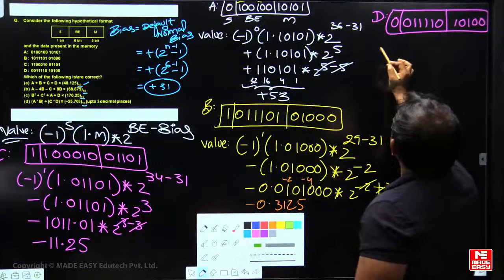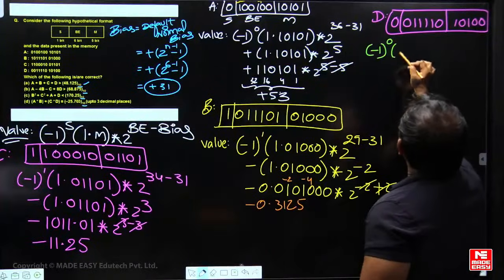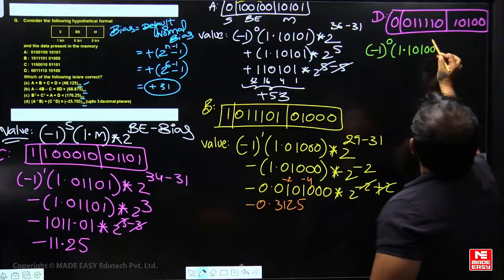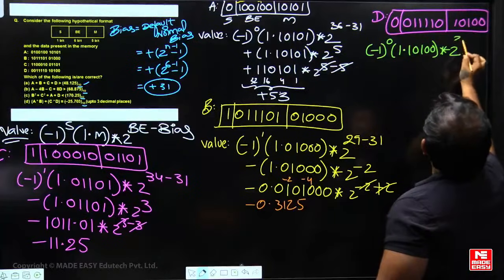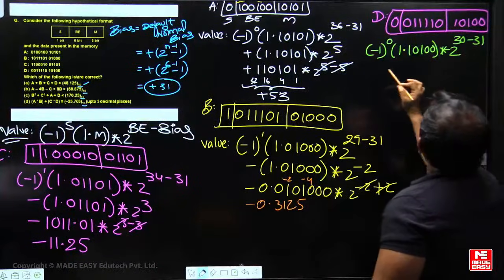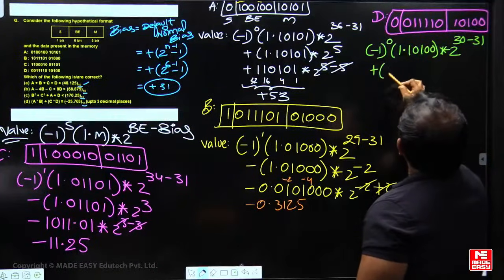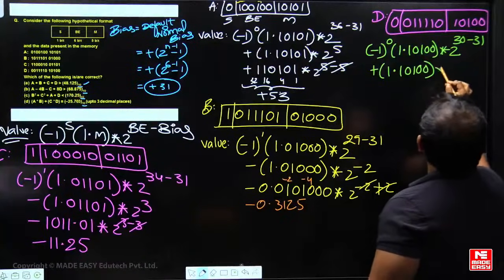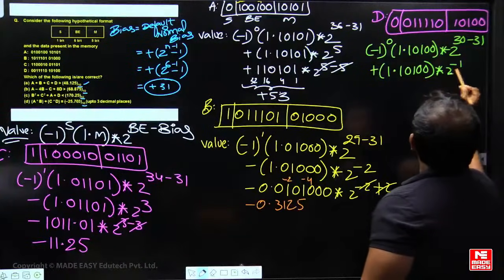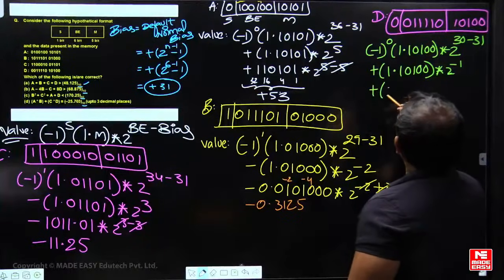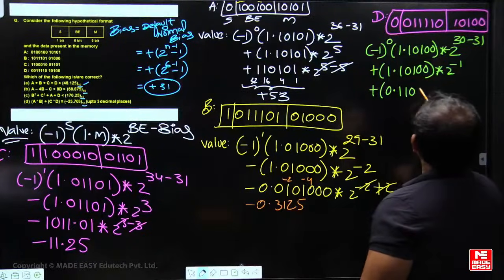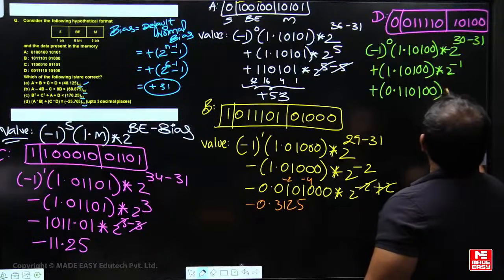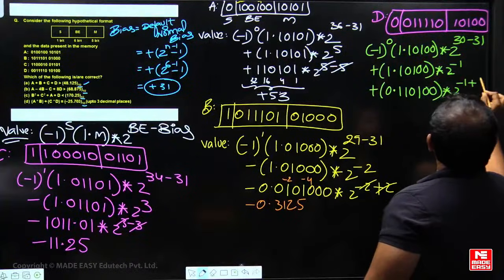Value is minus 1 to the power of 0, 1.1 into 2 to the power of 30 minus 31. So plus 1.101 into 2 power minus 1. Okay, plus 0.11010 to power minus 1 plus 1.